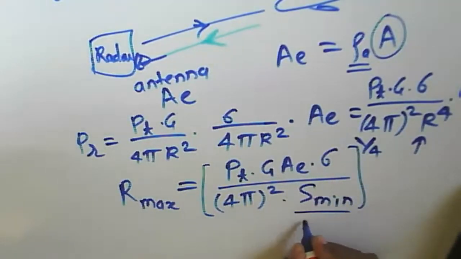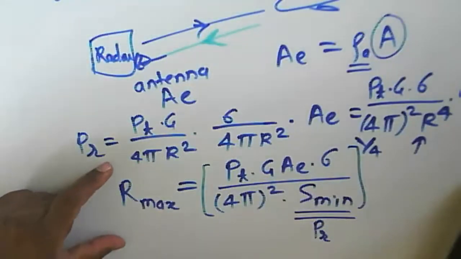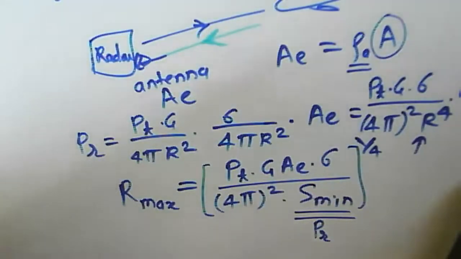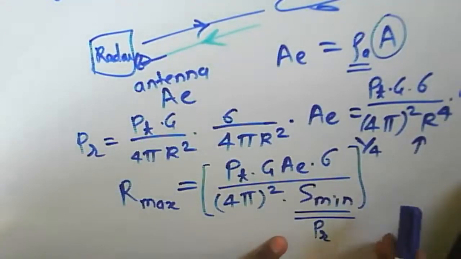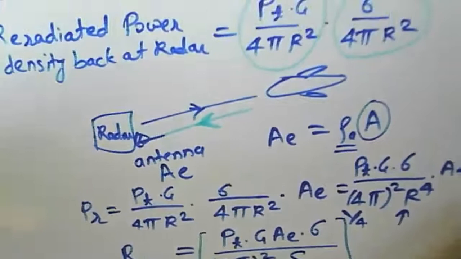R max depends upon the minimum power received by that antenna. Now the radar range equation will tell you the maximum range, depending upon the minimum signal received by the device. This way we can find the maximum range of the radar.